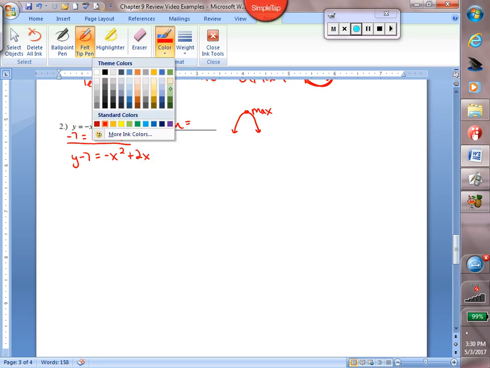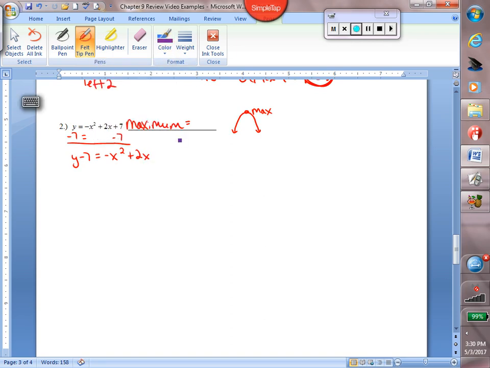Now, before I can complete the square, or in other words, before I can do b divided by 2 and continue my process, I have to get a positive x squared. So in order to do that, we factor out a negative 1. And when we factor out, it means we're going to divide by negative 1 and then write it in front of our parentheses.